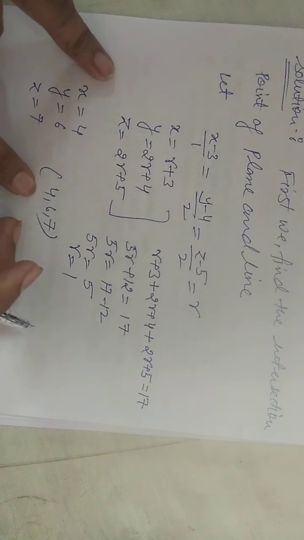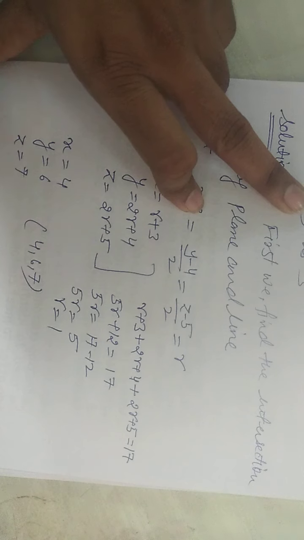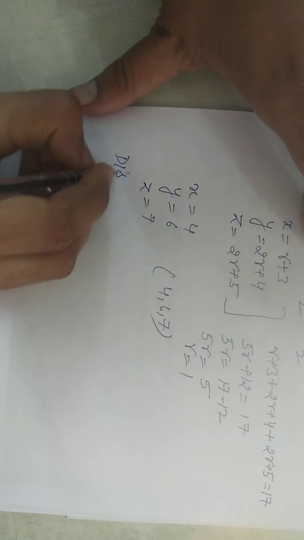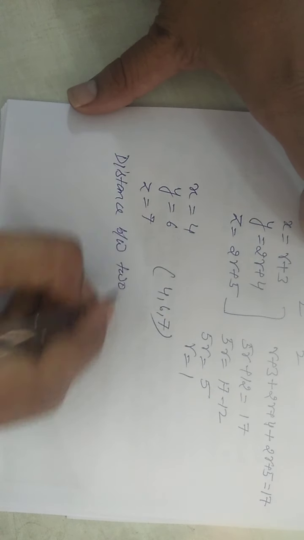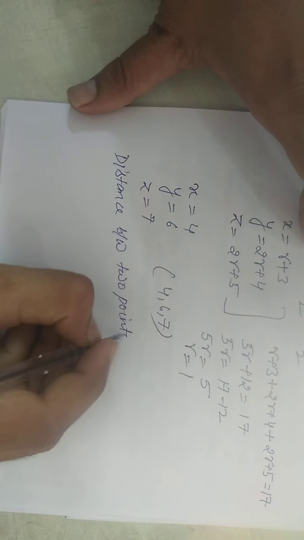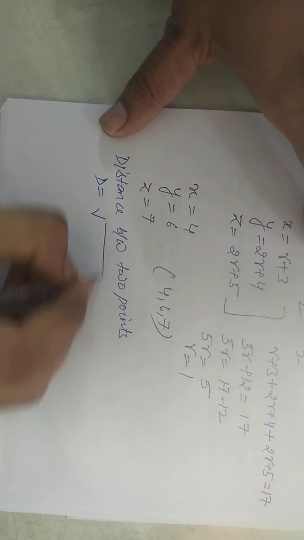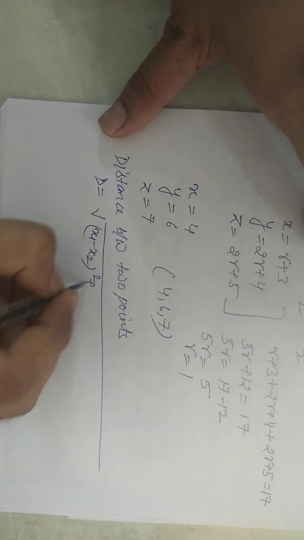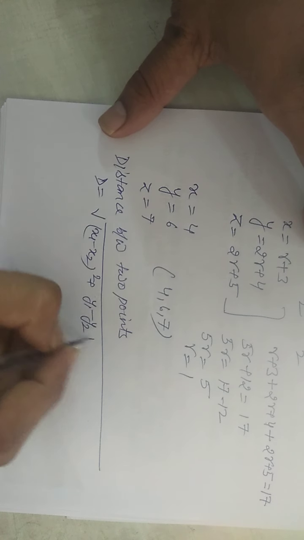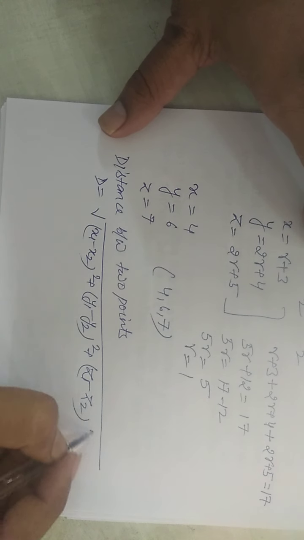The distance between the intersection point and the point (3, 4, 5). Distance between 2 points equal to the square root of (x1 minus x2) squared plus (y1 minus y2) squared plus (z1 minus z2) squared.